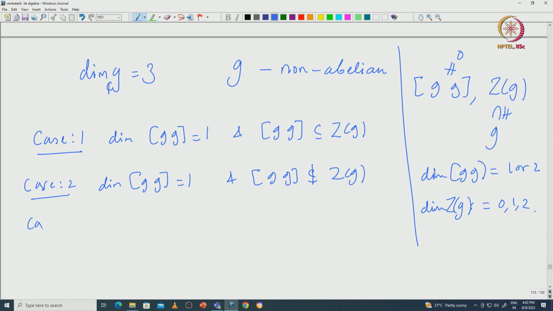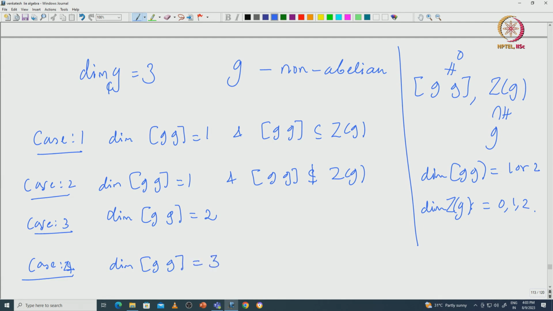Okay. Case 3, which is actually the most interesting case, and in this case we will have lots of possibilities, is where you just assume the derived algebra has dimension 2. And case 4, where you assume that the dimension of the derived algebra is 3.